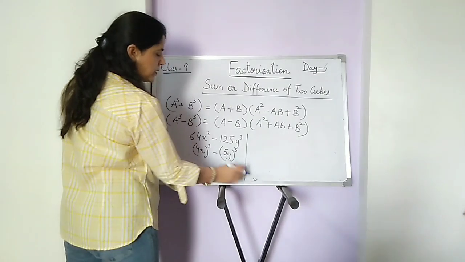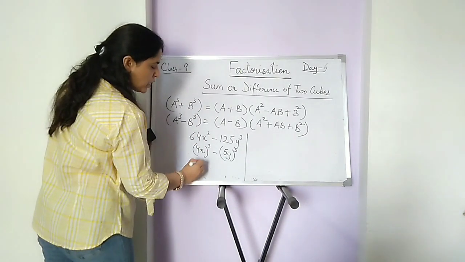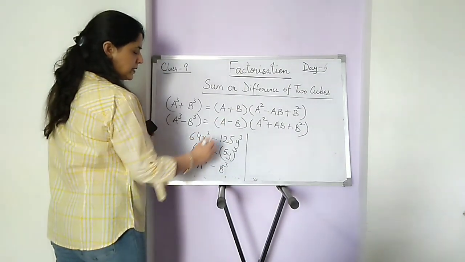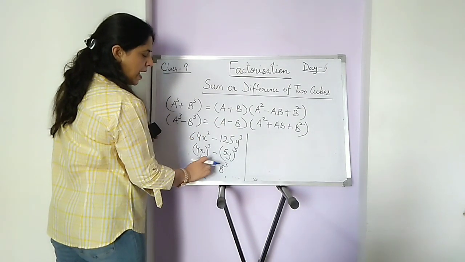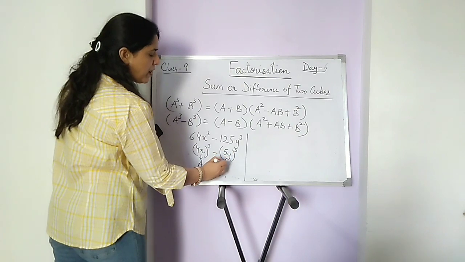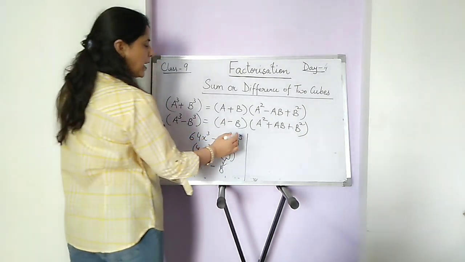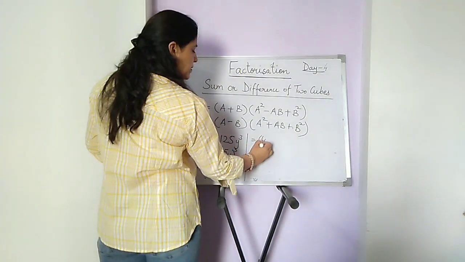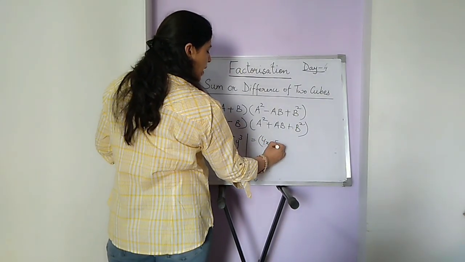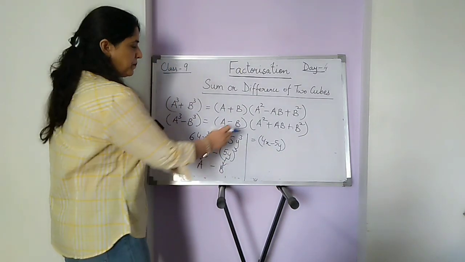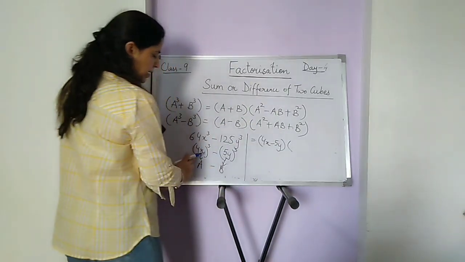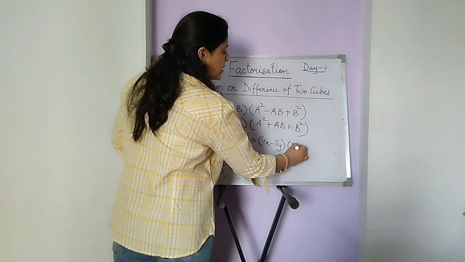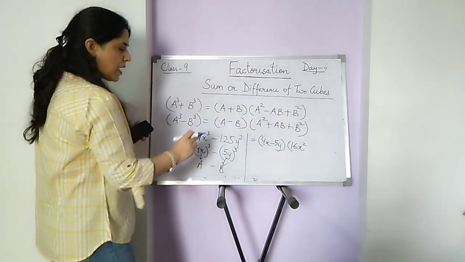Now how can you do this? A cube minus b cube is equal to what? Yes, 4x is a and b is 5y. Clear? So a minus b will be 4x minus 5y in the first bracket. Then second bracket, a square. A is 4x, square of 4x is 16x square, plus ab.